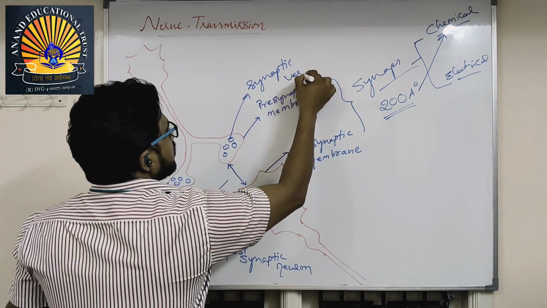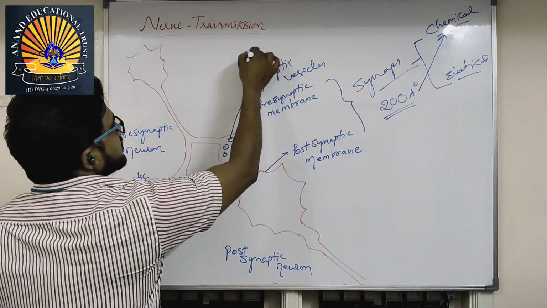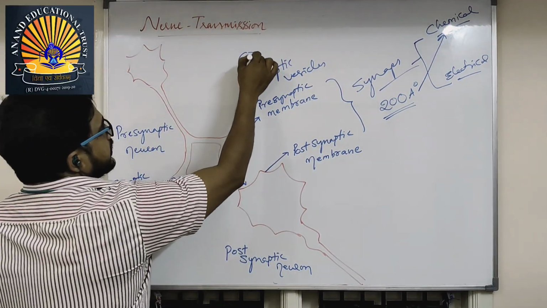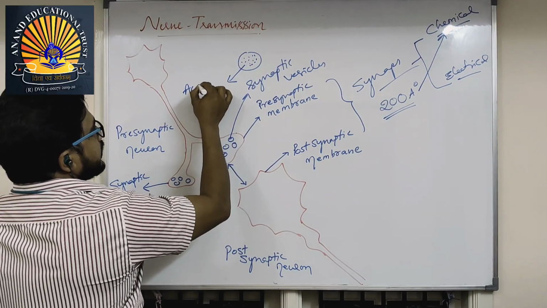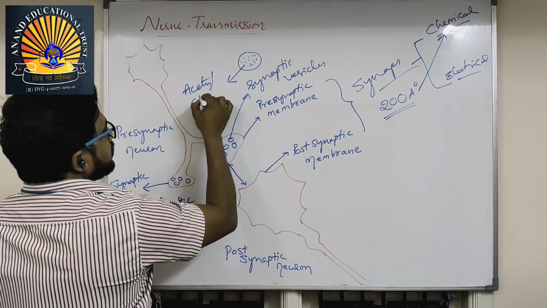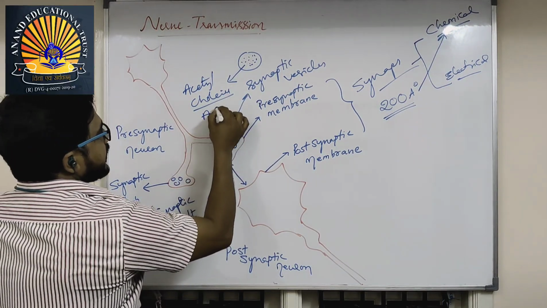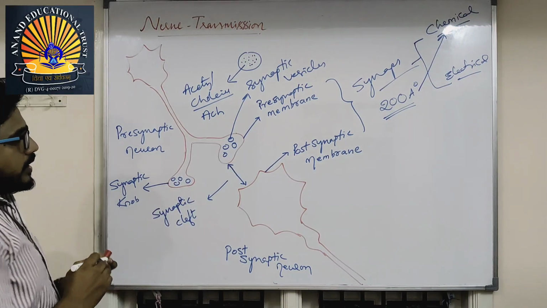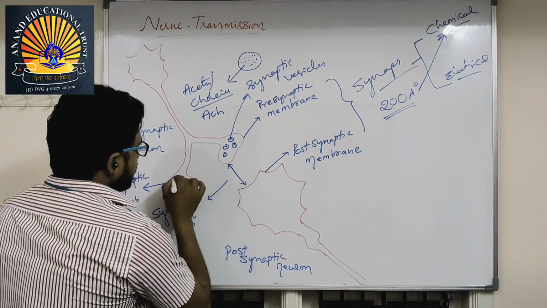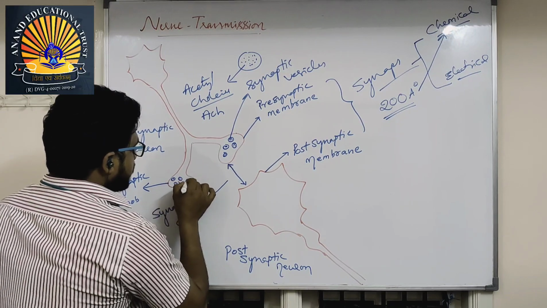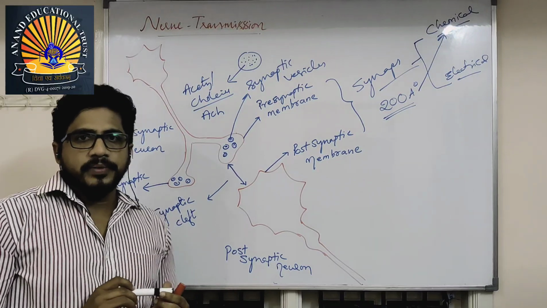Inside a synaptic vesicle a chemical is present, called acetylcholine, ACH for short. Acetylcholine is present inside the synaptic vesicles, and synaptic vesicles are present inside the synaptic knob.